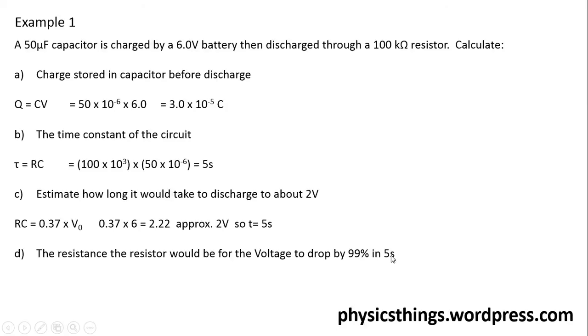Now as it happens here, in order to get to 0.01 or as close as you can in stages of your time constant, you need 0.37 to the power of 5, or 0.37 times 0.37 times 0.37, etc. That gives you the closest possible value in stages of time constant to get to about a 99% loss of voltage.